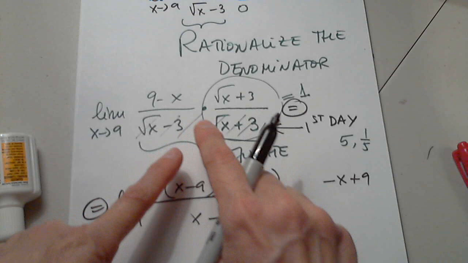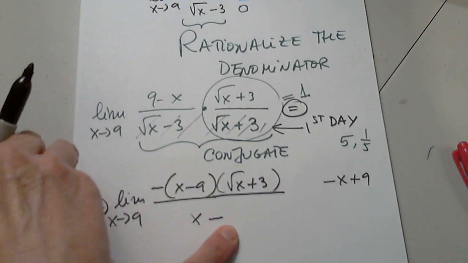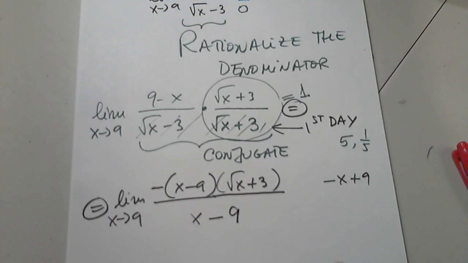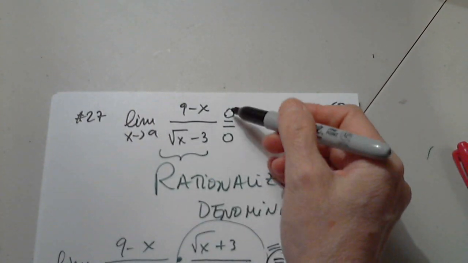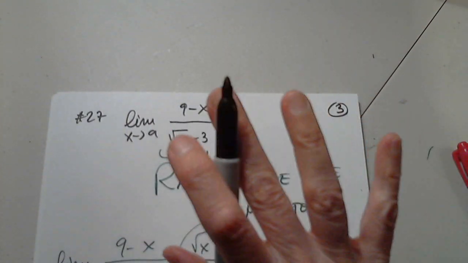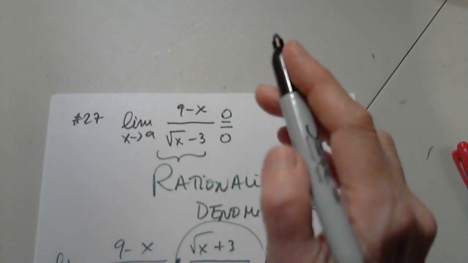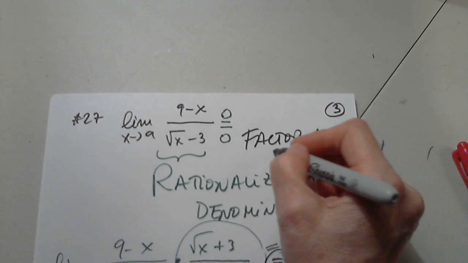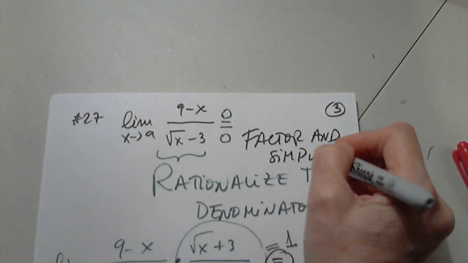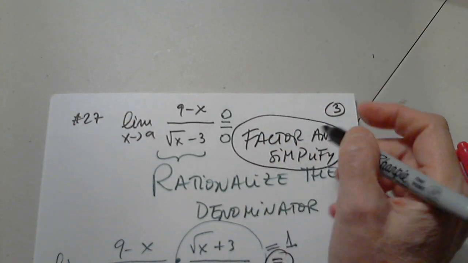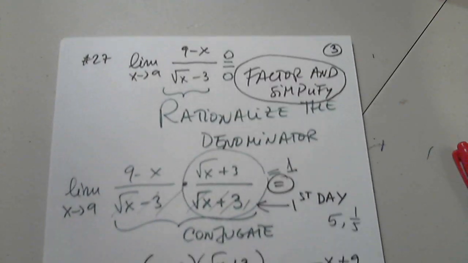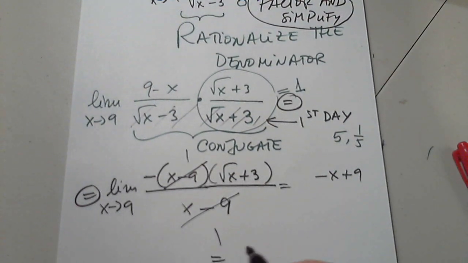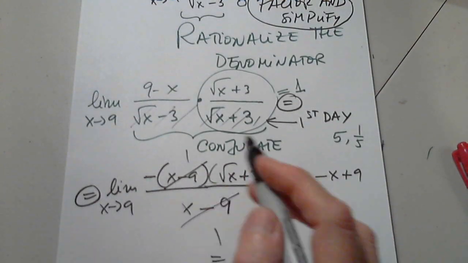Please square this and tell me what to write. 9. Exactly. So the trick here is, most of the time, and I cannot give a recipe, okay? Factor and simplify. That's the key in 0 over 0. Good. Nice. Awesome.